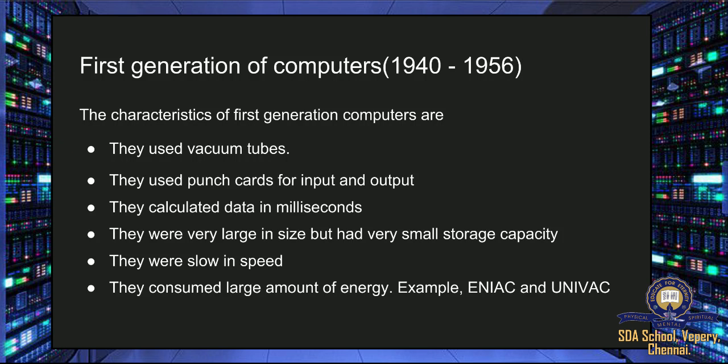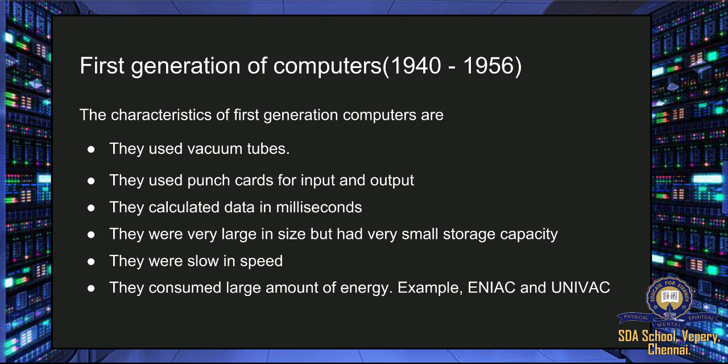Nowadays we use keyboards and monitors as input and output devices, but in the first generation computers they used punch cards. They calculated data in milliseconds. Nowadays we calculate data in just a fraction of a second, so they calculated data a bit slower than nowadays computers.